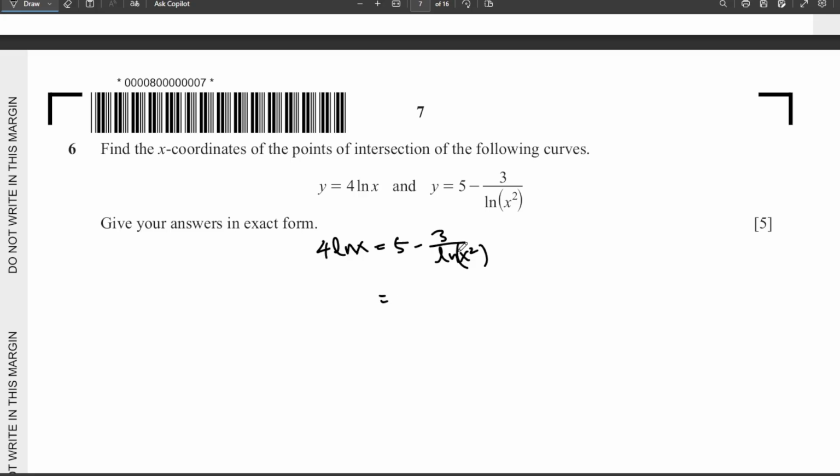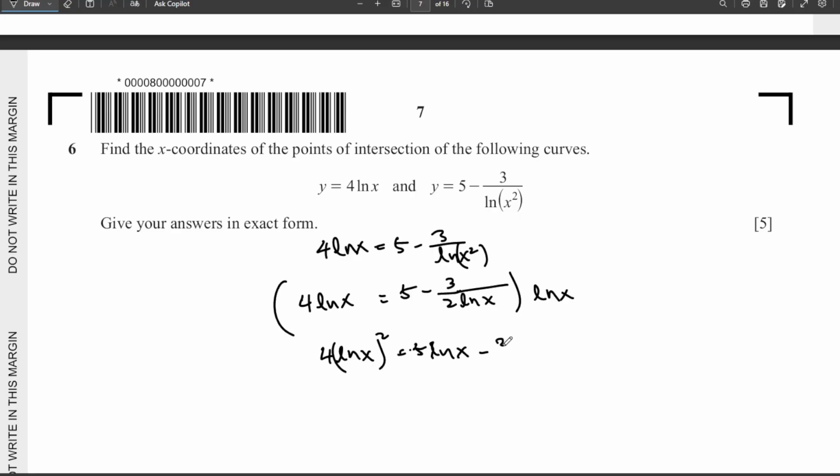The 2, I will bring out as a constant, like that. Now, to get rid of this on the denominator, I will multiply the whole equation on both sides by ln x, like that. So this becomes ln x squared, 5 ln x, 3 over 2.